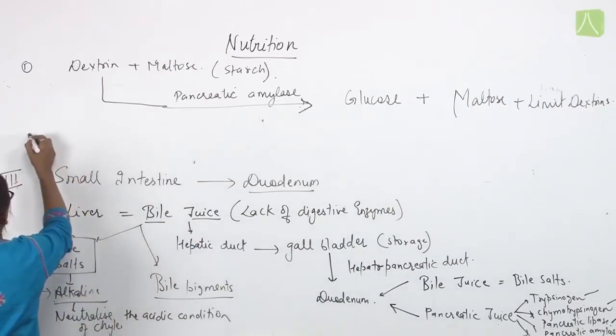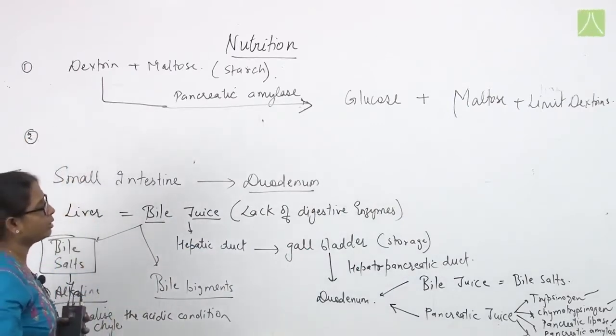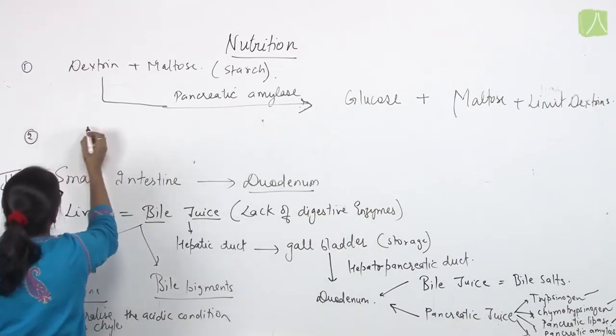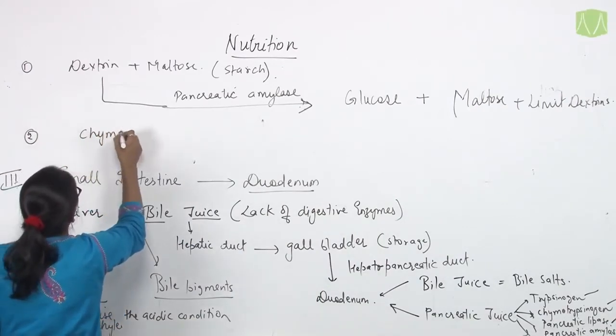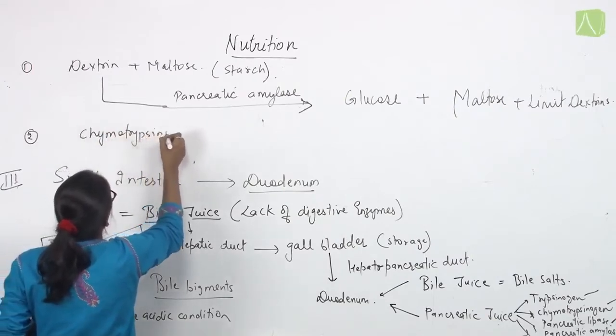The another action is of, for example, trypsinogen and chymotrypsinogen. Now this is again the inactive form.